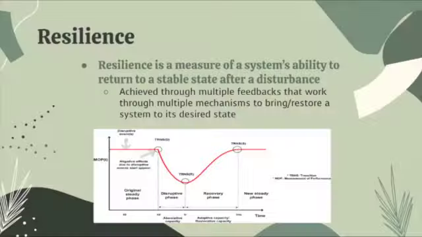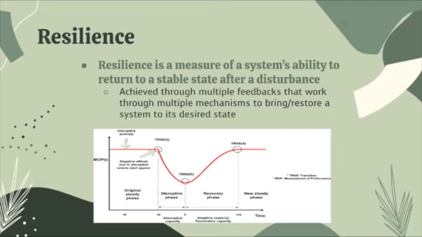Finally, a huge buzzword in system dynamics is resilience. And resilience is a measure of a system's ability to return back to a stable state after a disturbance. So it's similar to stability in that we are returning to a stable state after a disturbance, and it is often achieved through multiple feedbacks.